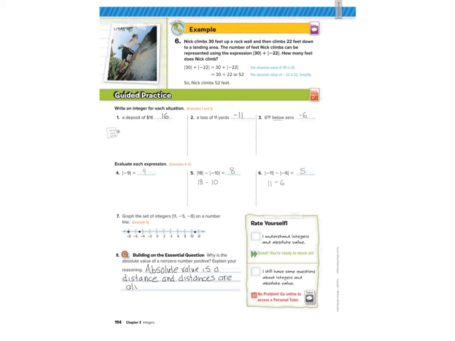So you're never going to have a negative absolute value for anything. And the only distance that isn't positive is 0, because 0 is 0 units away from itself. So all of the other absolute values, whether the number is positive or negative, are going to be positive distances.